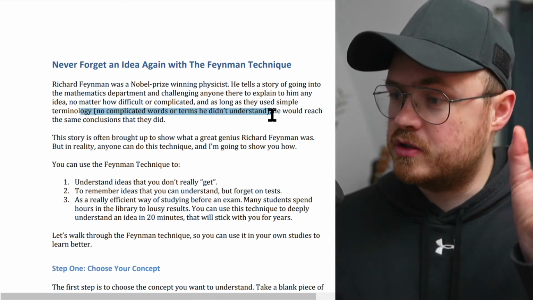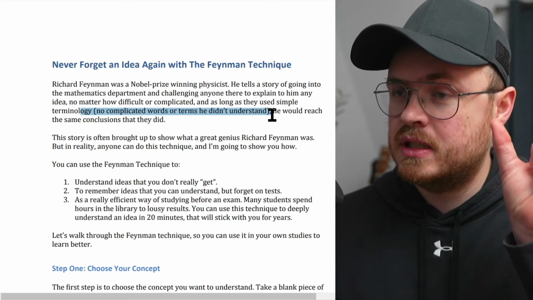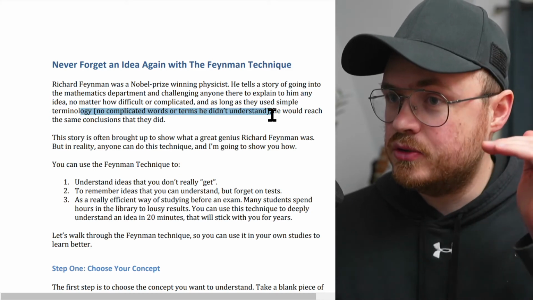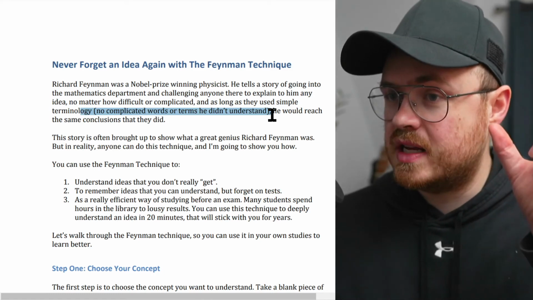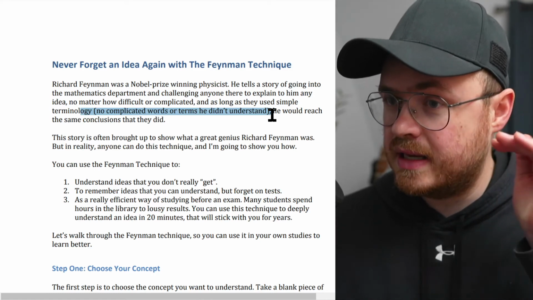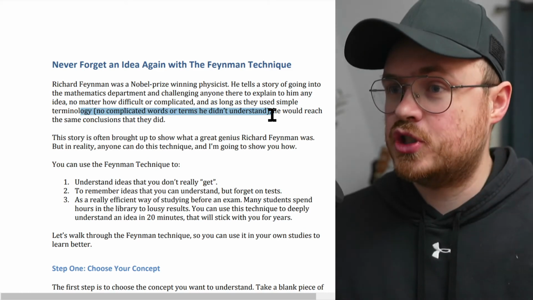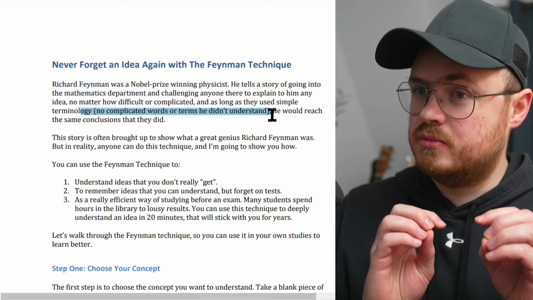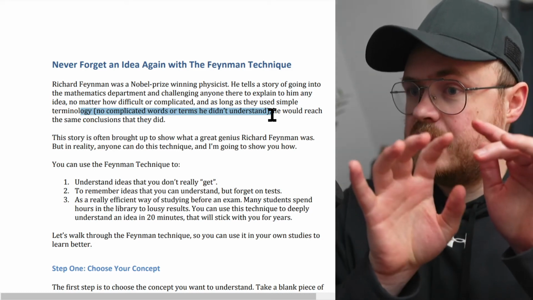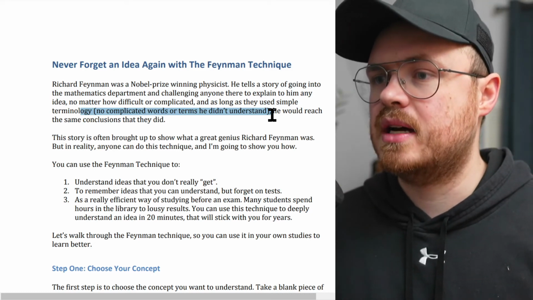No complex words means the word has to be in his dictionary. And then the definition that they're using needs to be the sense that he understands. Or if there's 2 or 3 senses, he needs to understand the one that the math student who's challenging him is talking about. And as long as he has those Lego blocks, he can build up the same understanding. So that's where this idea comes from.